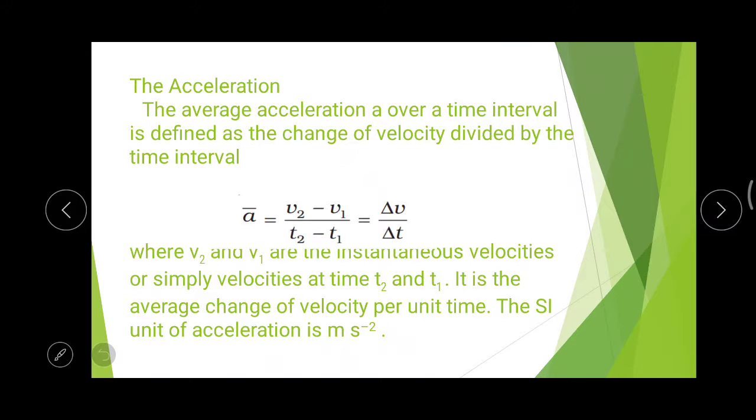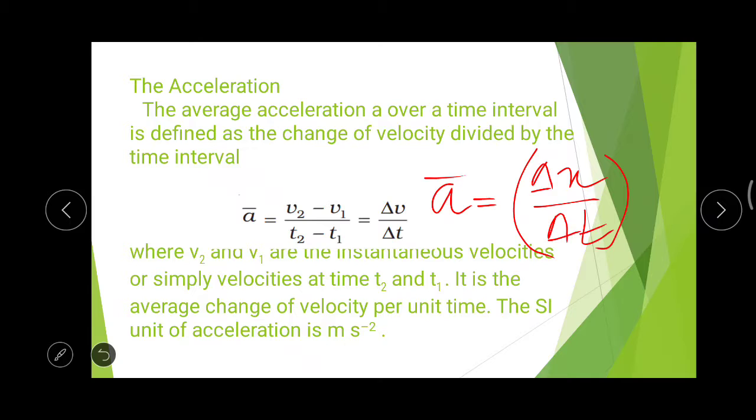So we can say that the average acceleration is equal to delta x by delta t, all divided by delta t, where delta x by delta t is v bar. So delta x by delta t all divided by delta t will be the acceleration. That is regarding the average acceleration.